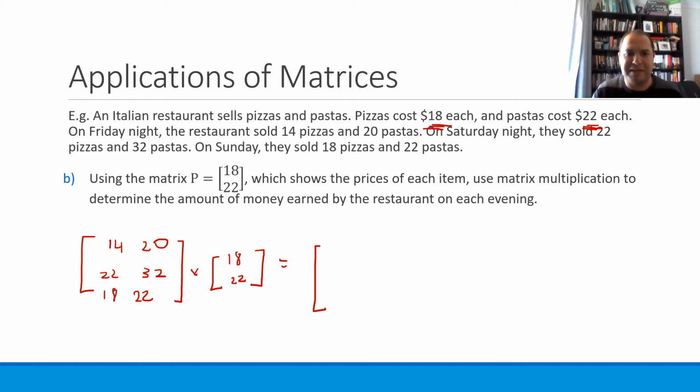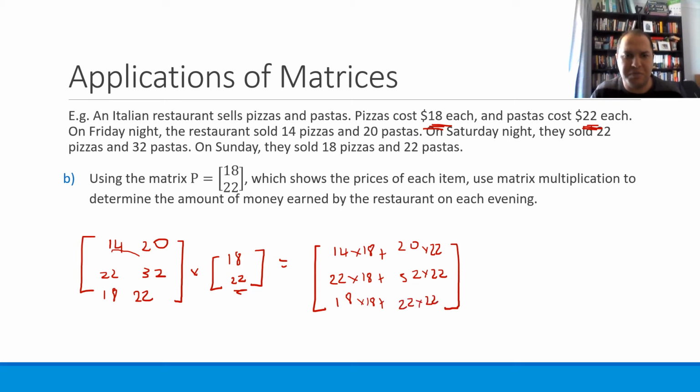Multiplying this out, the first row times this column will be 14 times 18 plus 20 times 22. Then it'll be 22 times 18 plus 32 times 22, and then 18 times 18 plus 22 times 22.